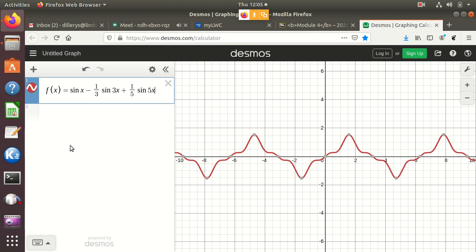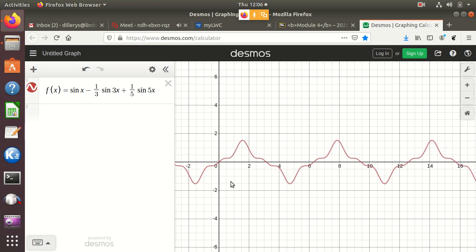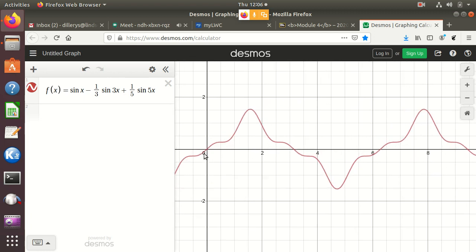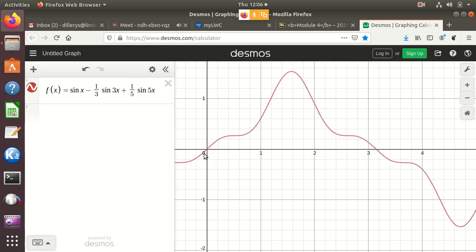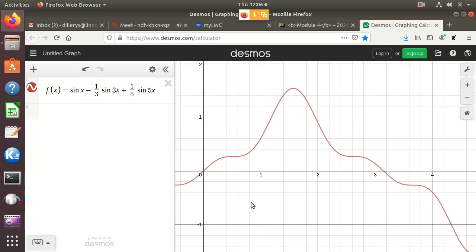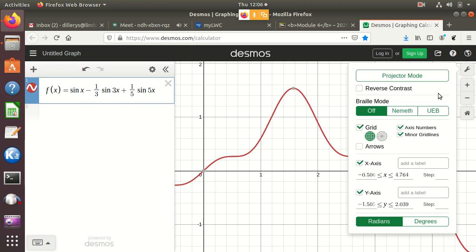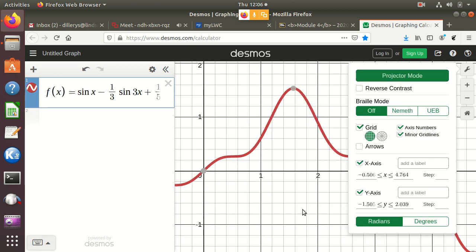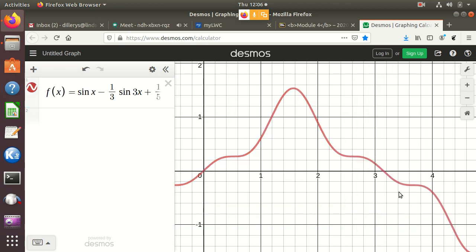And so we just want to look between 0 and pi, so 3.14, somewhere in here. Let me go to projector mode, make that show up a little better.